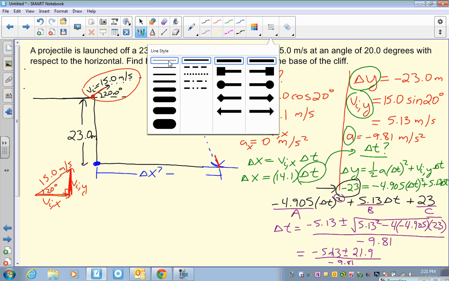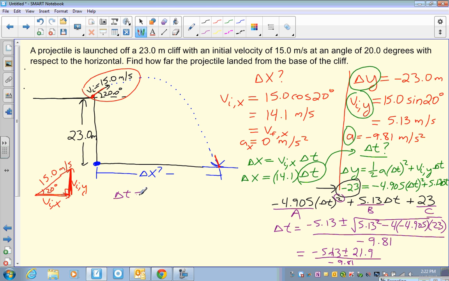And that ends up being, so either delta t is 16.77 over negative 9.81, or delta t equals negative 5.13 minus 21.9 divided by negative 9.81. So we get negative 27.03 over negative 9.81.